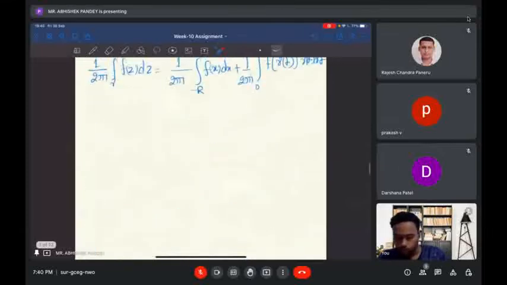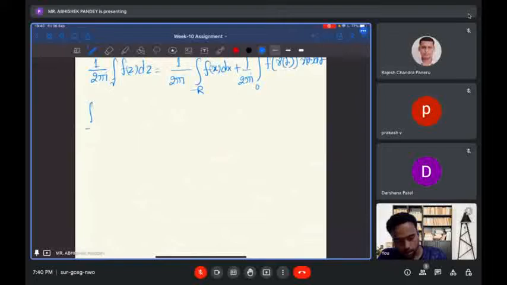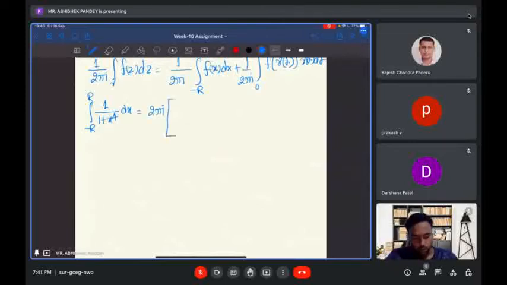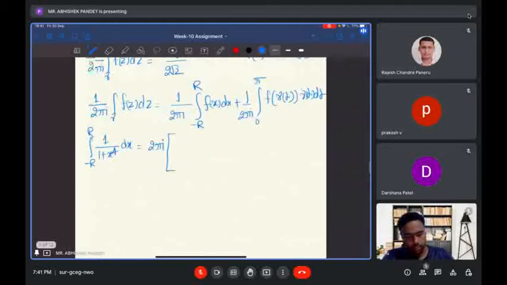Okay, so basically integral minus r to r 1 upon 1 plus x to the power 4 dx is nothing but 2 pi i. So what is the value of this one integral?